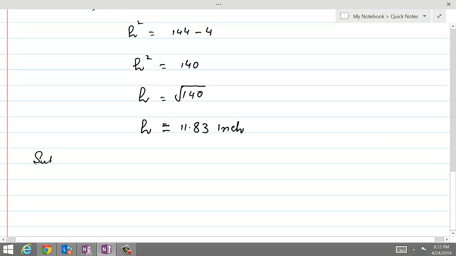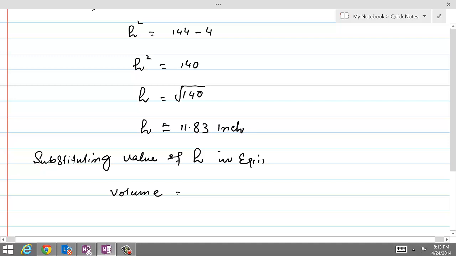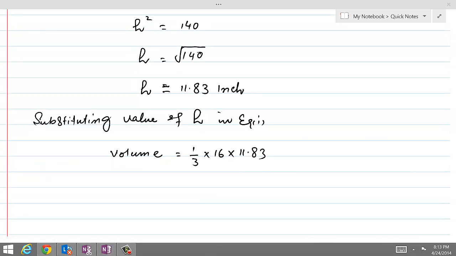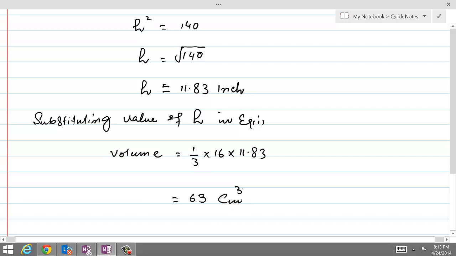Substituting the value of h in equation 1, what we will get is the volume equal to 1 by 3 times 16 times h, which is 11.83, and this will give us the answer of 63 cubic centimeters, because this is volume.